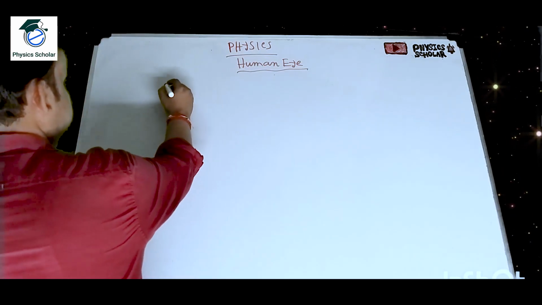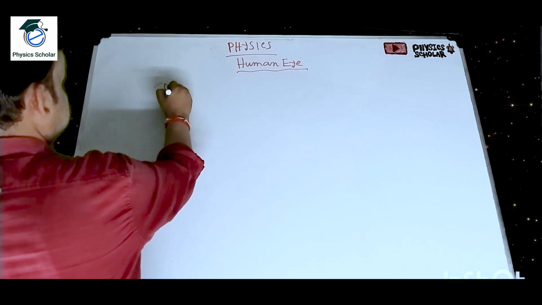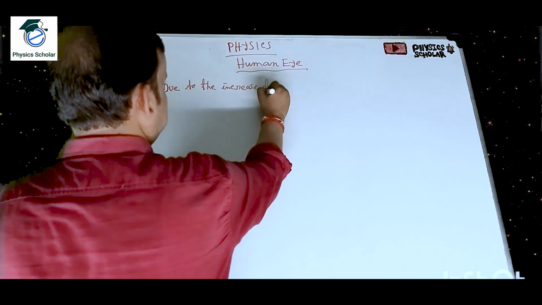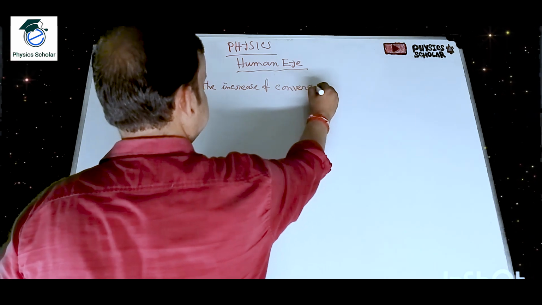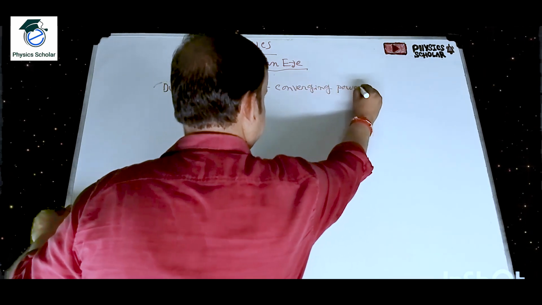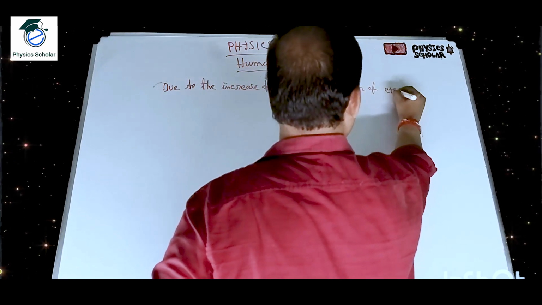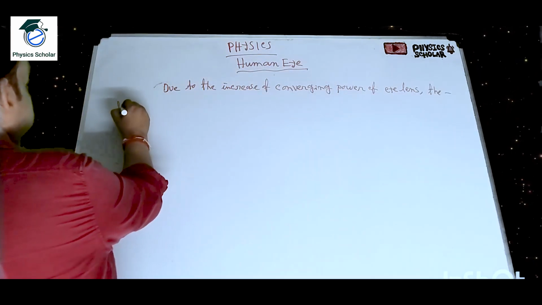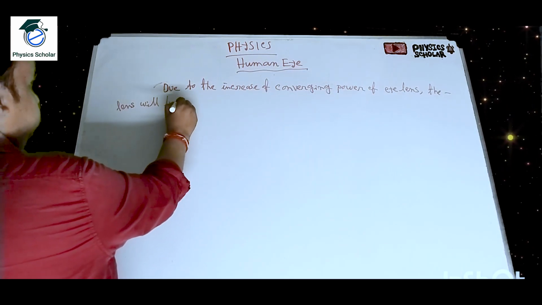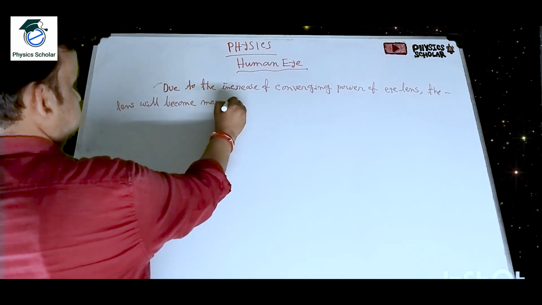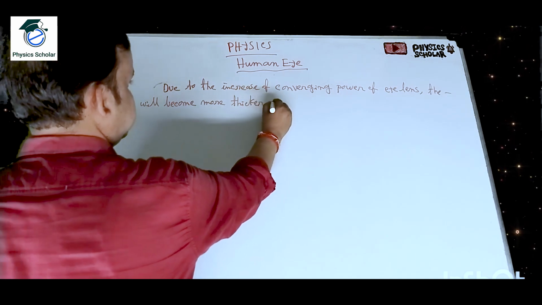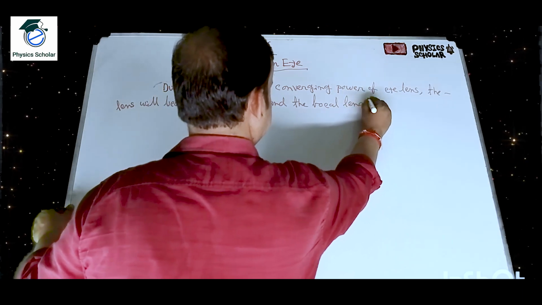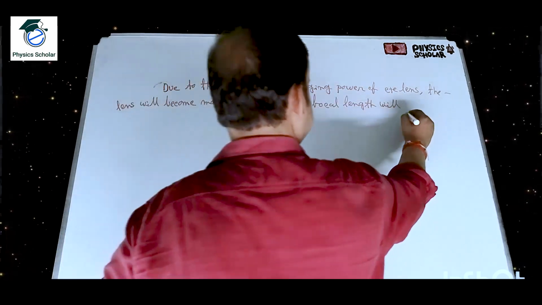Due to the increase of converging power of the eye lens, the lens will become more thicker and the focal length will decrease.